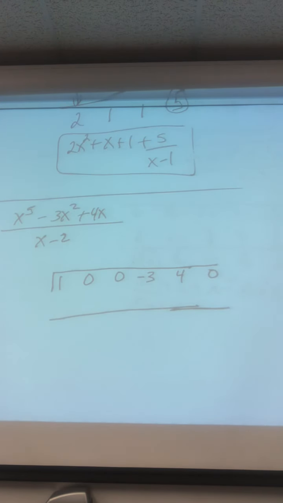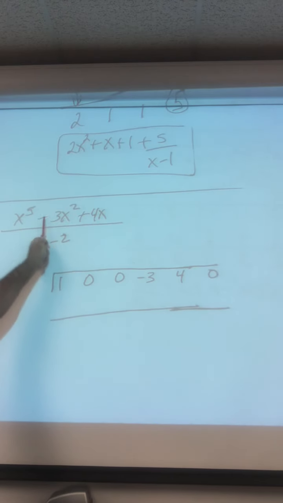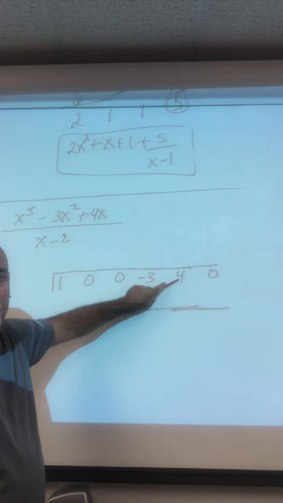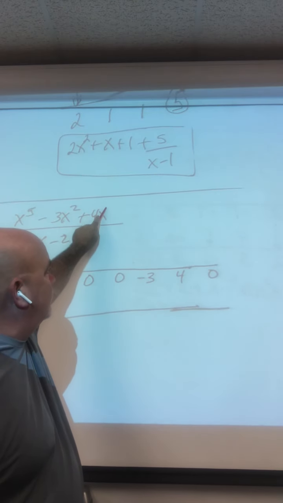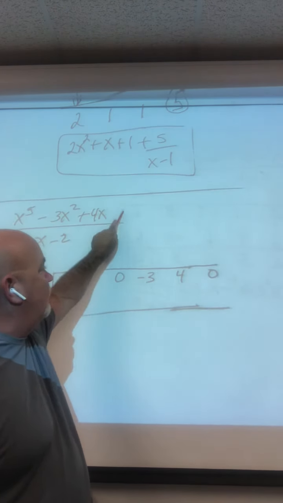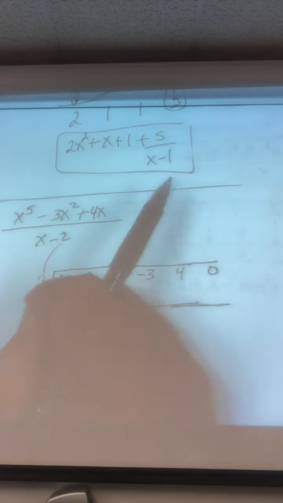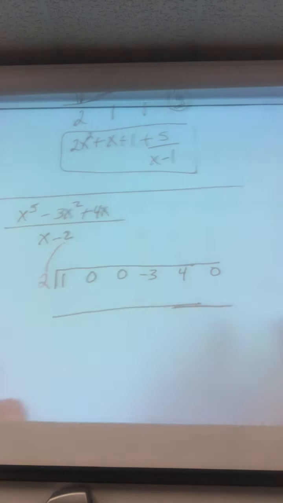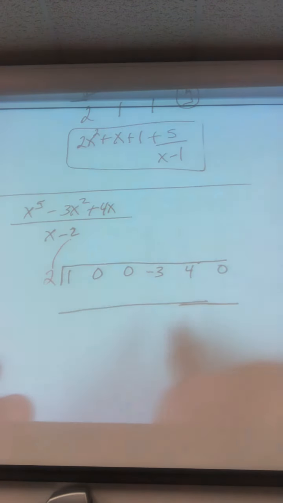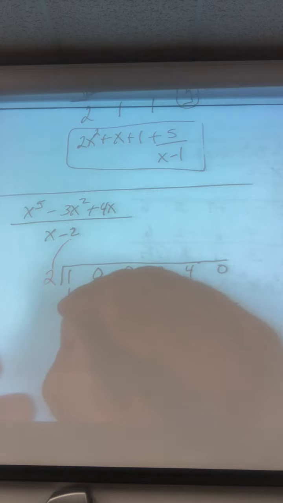So this problem right here, 1x5, no x4s, no x3s, negative 3x squared, plus 4x to the first, but there's no constant on the end. Now, the number out front, take the opposite of it. Now, everything else is the same. You just got to remember to put the zeros in.